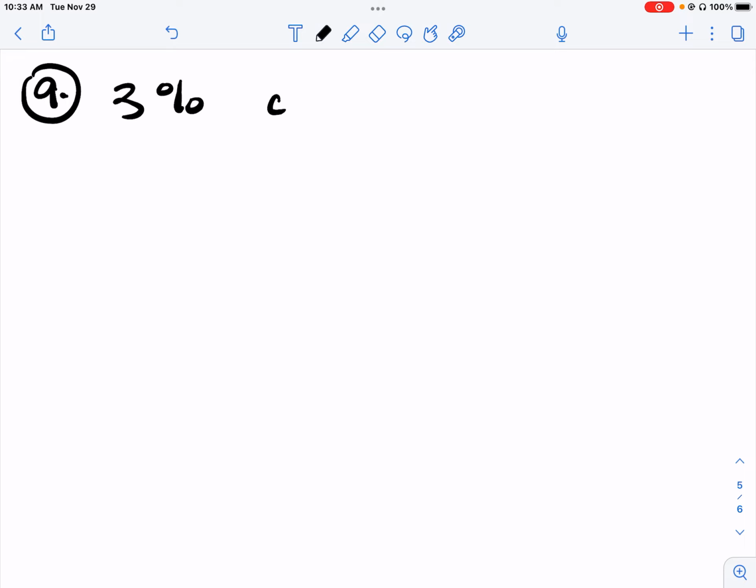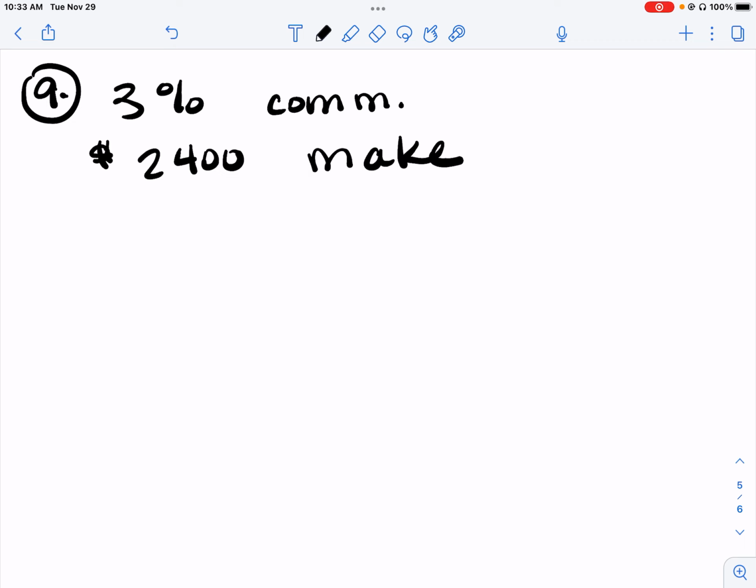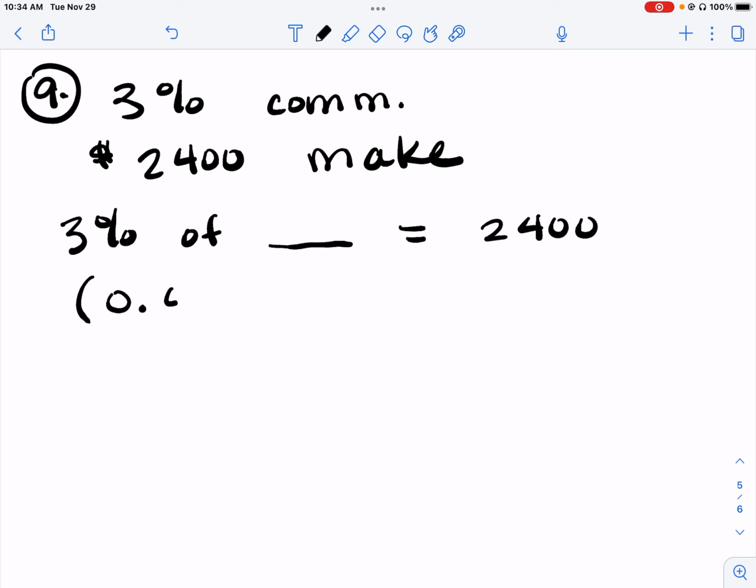3% commission, and they want to make $2,400. Okay, so 3% of something equals 2,400. So change 3% to a decimal. We don't know what the something is, so it's x.